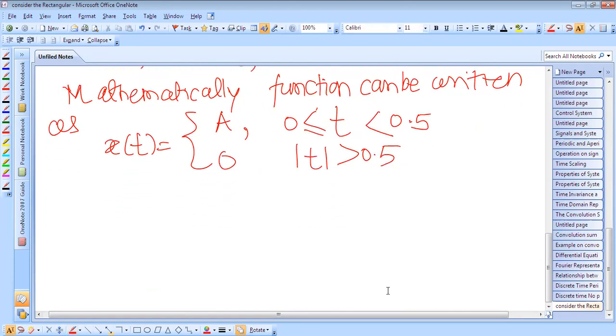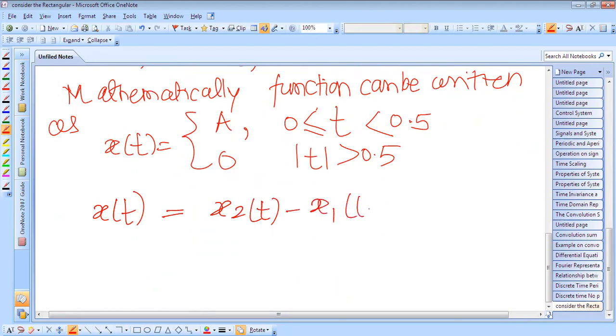Now the rectangular pulse x of t is represented as a difference of two time shifted step functions. This is x2 of t and this is x1 of t, which we have already shown in the above figure.